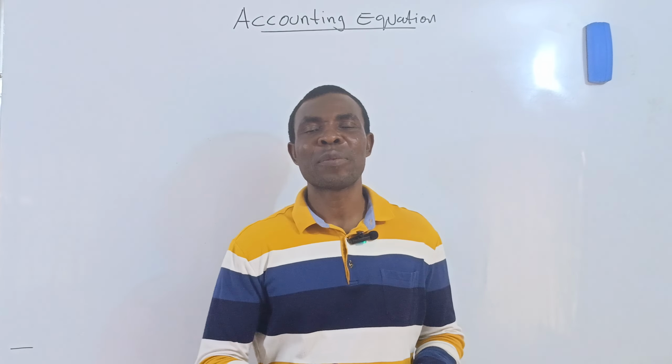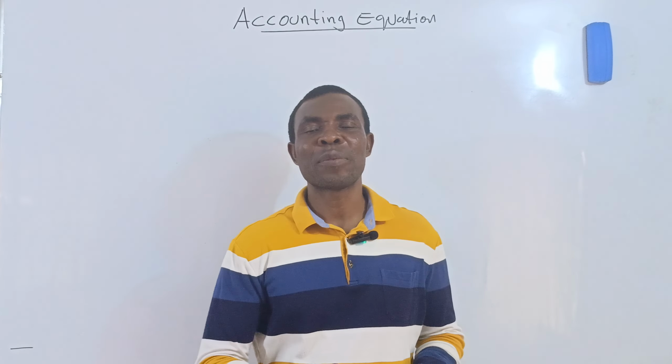The non-current and the current, these are what qualify any asset to be a current asset. These are the examples. These are non-current assets. These are subject to depreciation, while these are subject to amortization. By this, we've explained one of the elements of financial statements.